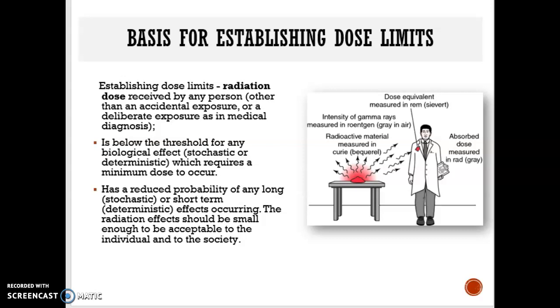You will have a radiation skin burn after a certain dose of radiation is received to the body, or you will suffer from nausea and vomiting and hair loss as a result of a certain amount of radiation to a localized area of the body. So that is deterministic. When talking about limiting these doses and these effects, the radiation effects should always be small enough to be acceptable to the individual and to the society.